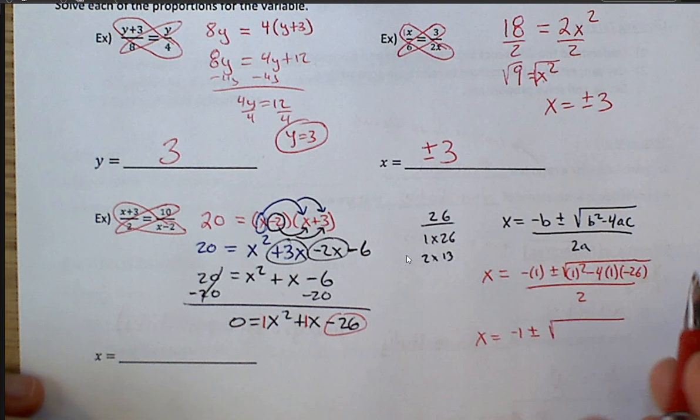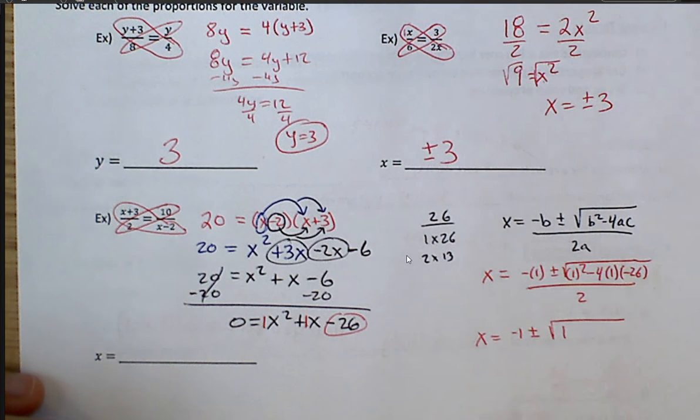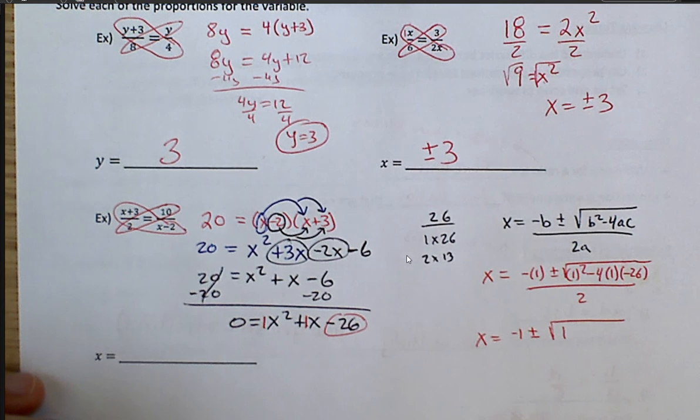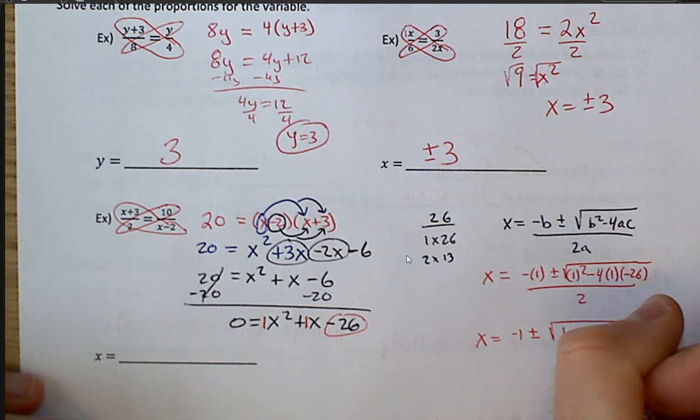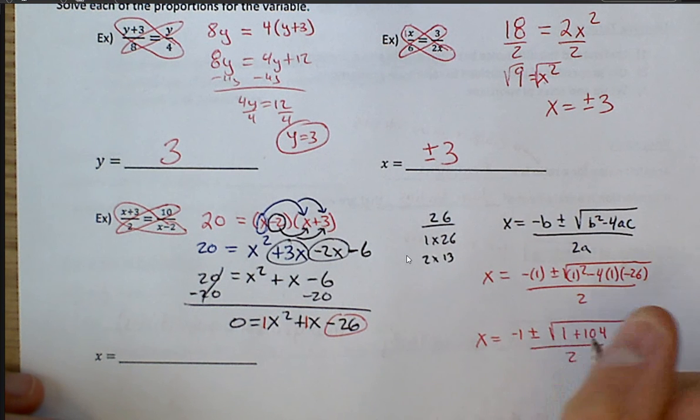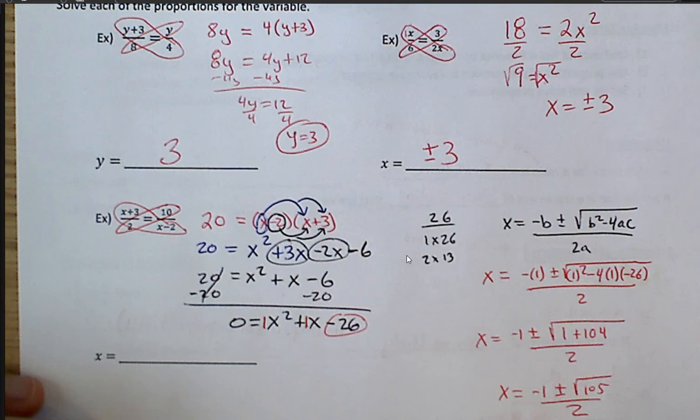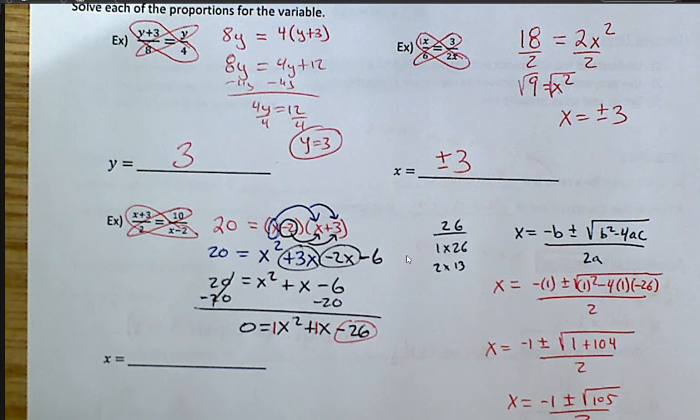So x equals negative 1 plus or minus. Inside I have 1 squared, which is 1. 4 times 26 is 104, so plus 104, all over 2. So x equals negative 1 plus or minus the square root of 105 over 2. Now I don't think 105 breaks down. If you were to make a factor tree, I don't think you're going to get anything out of that.